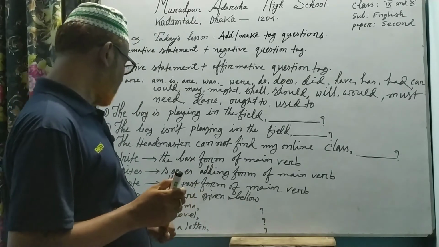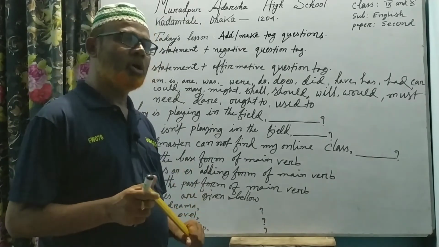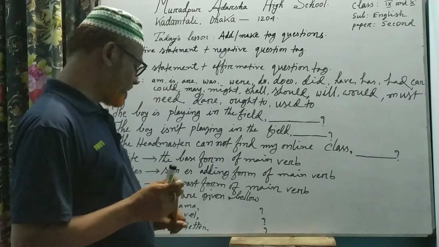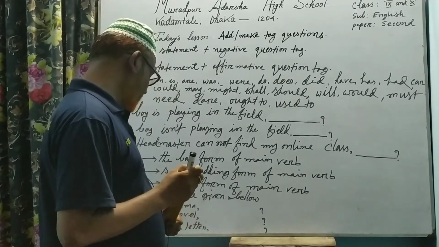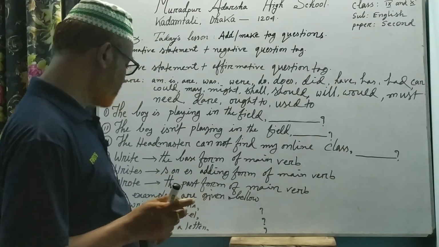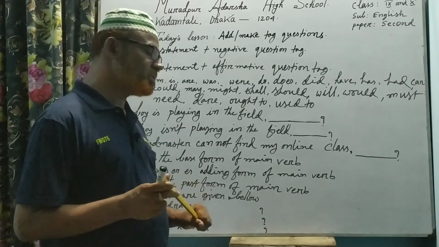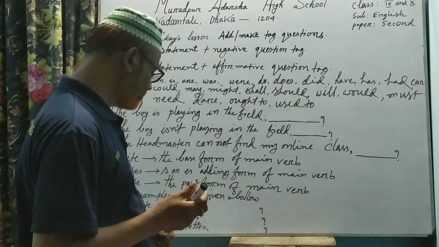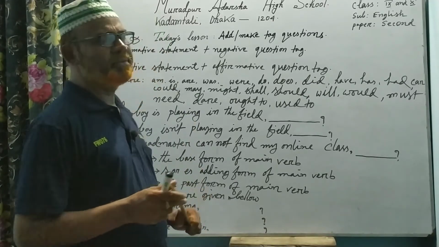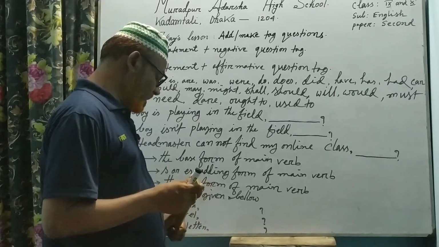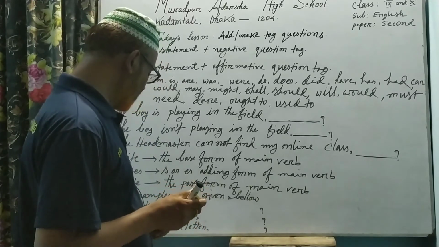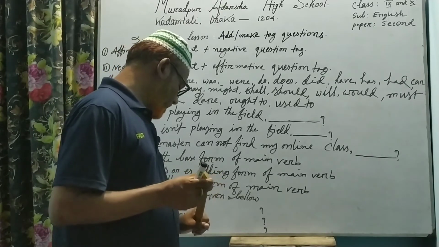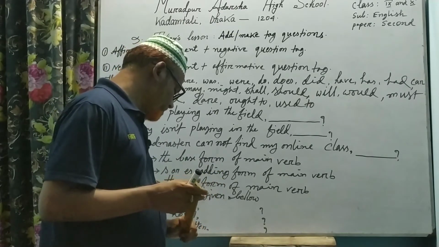Before completing question tag, we have to know about some auxiliary verbs which are used in different sentences. There are 24 auxiliary verbs.